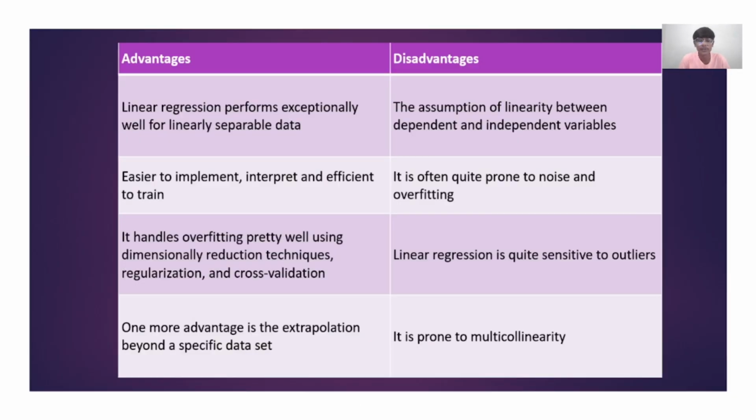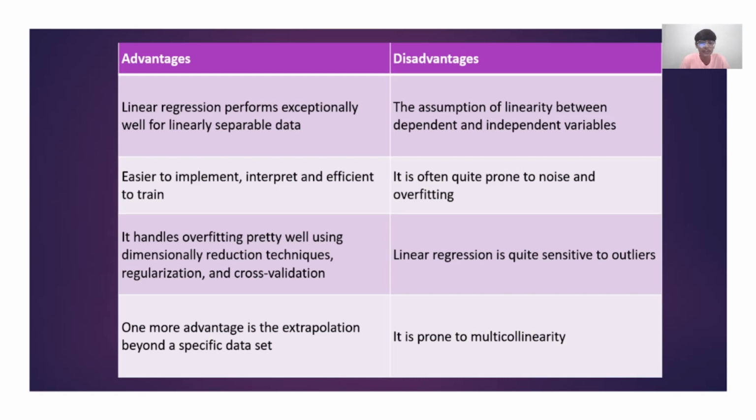Now we are going to see the advantages and disadvantages of linear regression. Linear regression performs exceptionally well for linearly separable data, with the assumption of linearity between dependent and independent variables. It is easier to implement, interpret and efficient to train, but it is often quite prone to noise and overfitting.